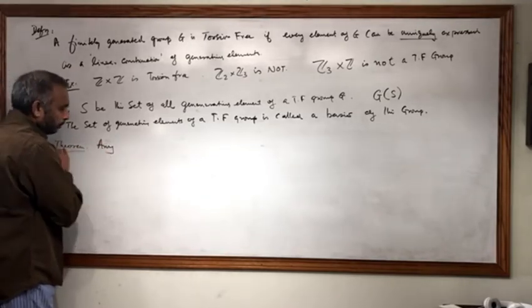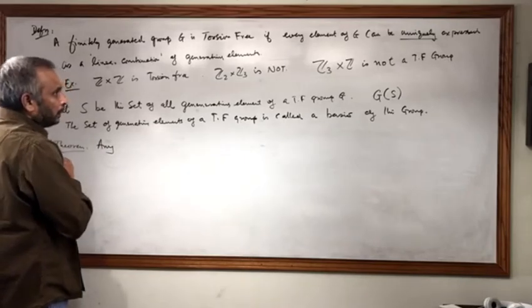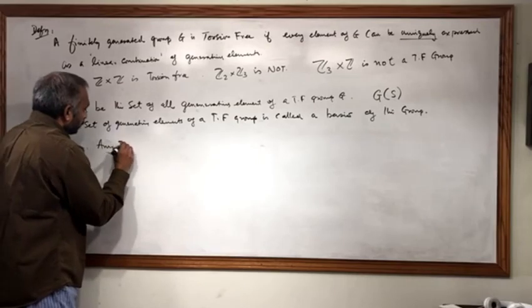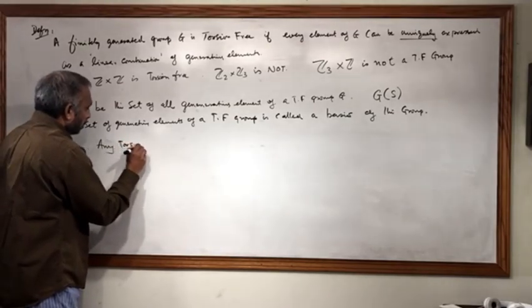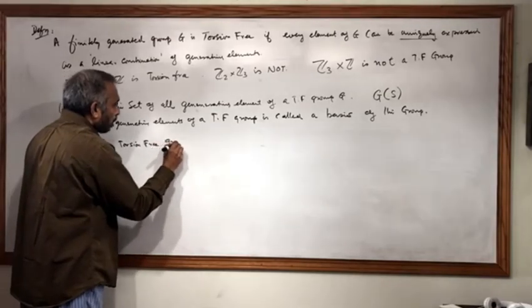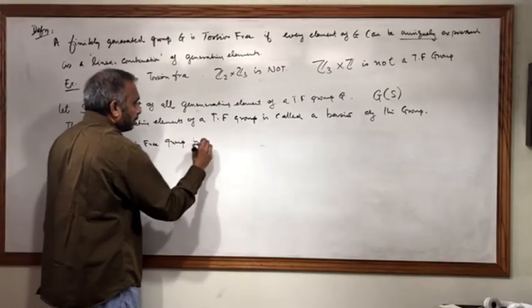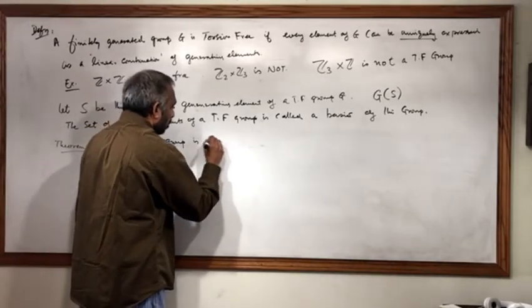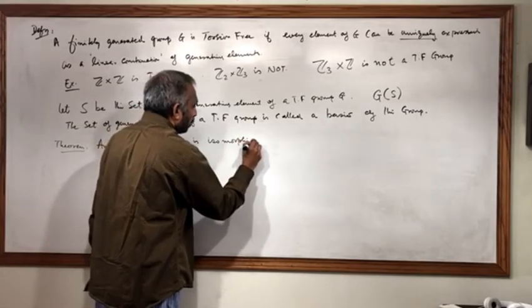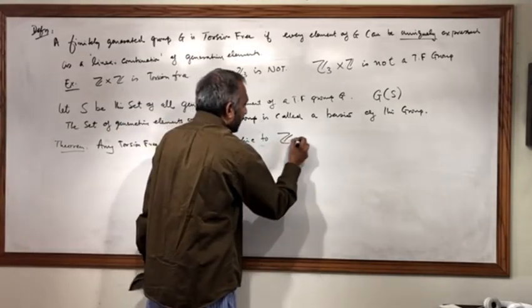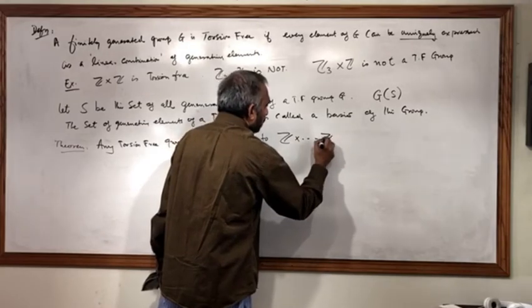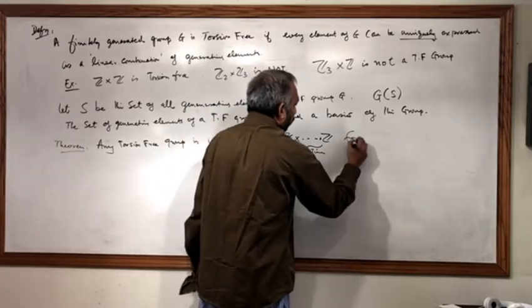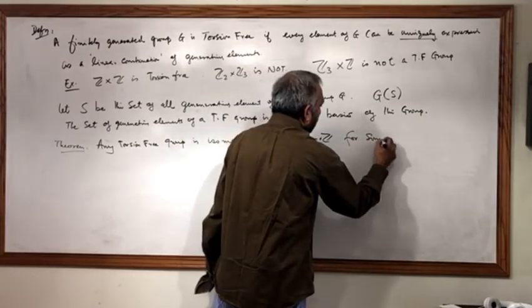Any torsion-free group is isomorphic to Z times Z, R times, for some integer R.